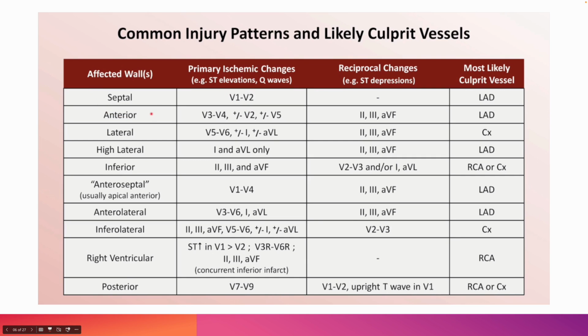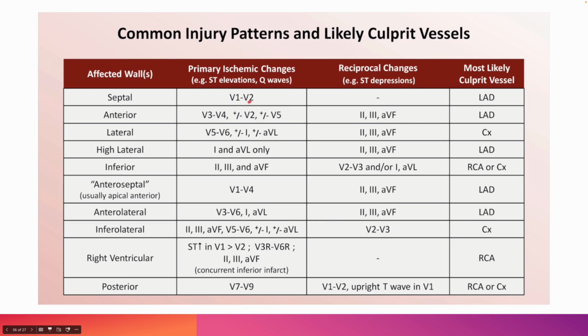Now this table actually summarizes a lot, and it tells a lot about all of the leads that include which wall and the artery involved. So let's start off with the septal. The septal leads V1, V2, and the most likely culprit, of course, as we said, the LAD supplies the septum.